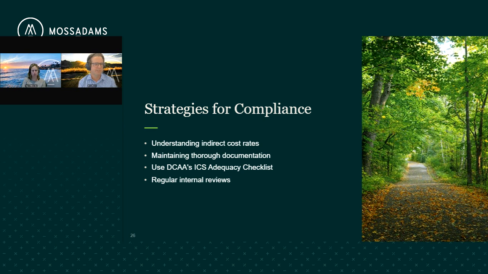So when you're preparing your ICE model, it's crucial to leverage the DCAA's ICS adequacy checklist, which is readily available online. It's not a secret. This checklist helps you confirm that your submission meets the required standards before submission.